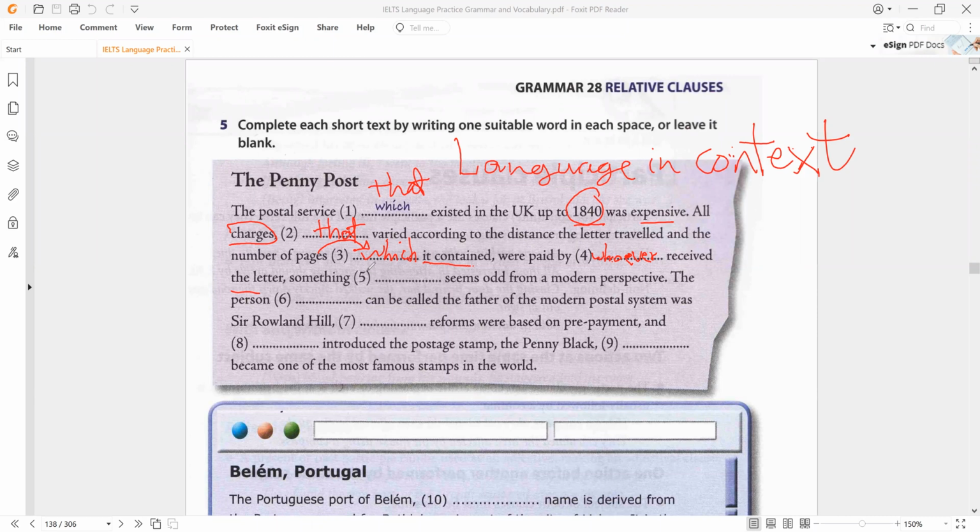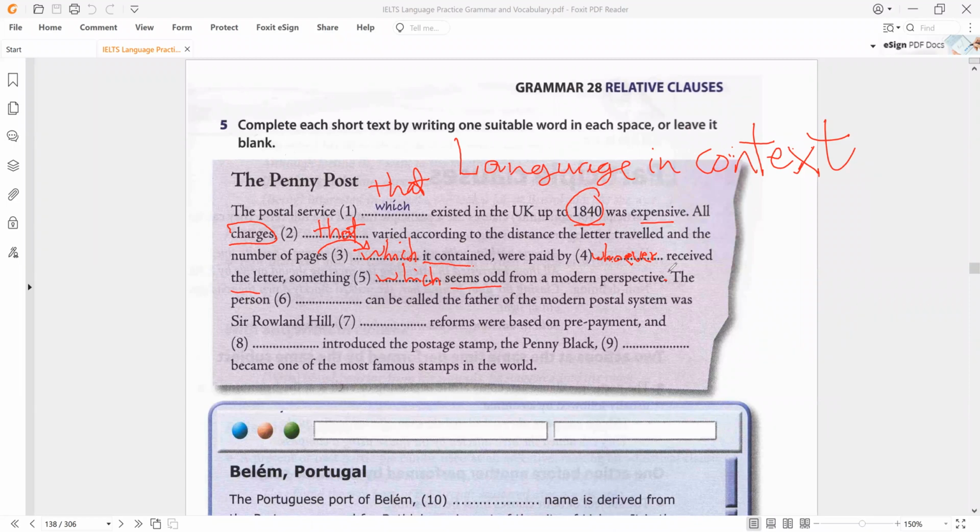Something which seems odd from a modern perspective. Okay, now let's read the sentence again from the beginning.